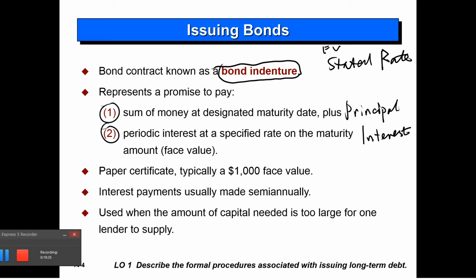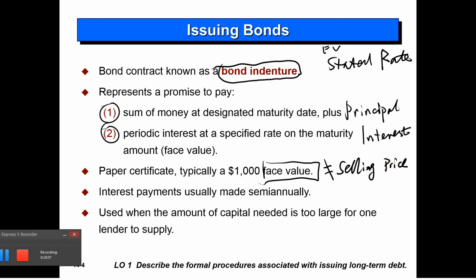Paper certificate, typically a $1,000 face value. So if you look at the corporate bonds out there, usually they're denominated in $1,000 per bond. Okay, again, this is face value, meaning the actual selling price for each bond is more than likely to be different from $1,000, so it is not equal to selling price.